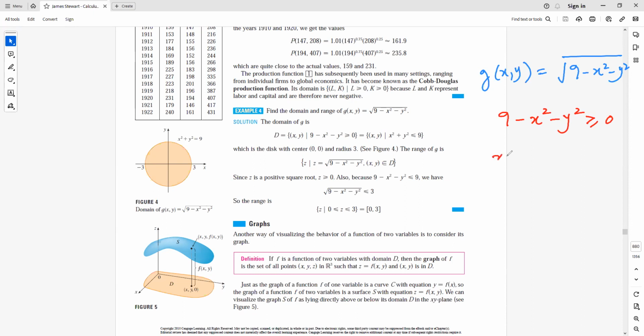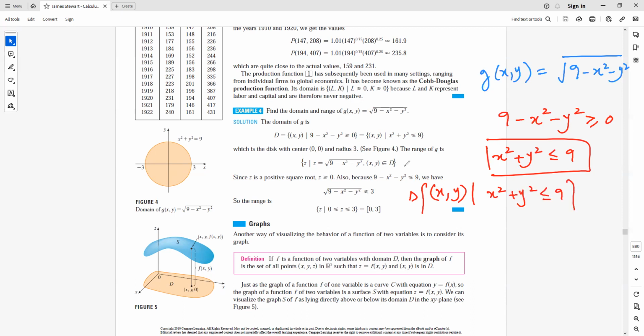So it means that x squared plus y squared should be less than or equal to 9. So this is the domain of this function, right? And now we can write it as D is x comma y such that this should be less than or equal to 9, right?